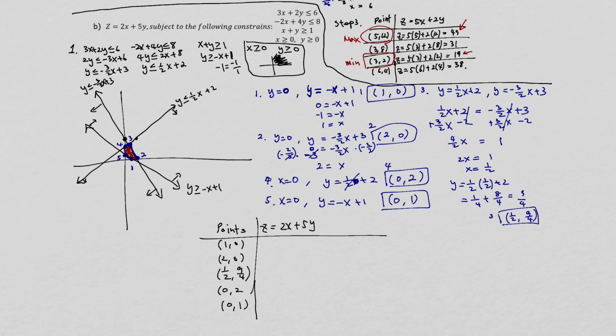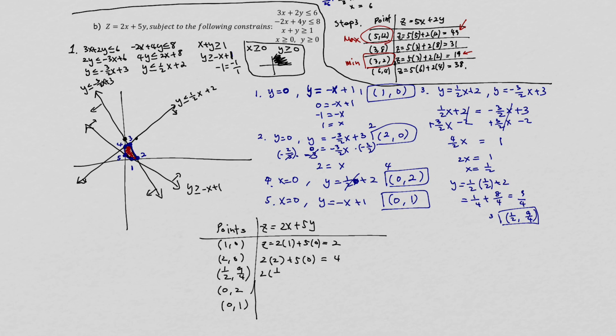Let's see what I get. When I replace this here, 2 times 1 plus 5 times 0, I will get 2. This one I will have 2 times 2 plus 5 times 0, I will get 4.